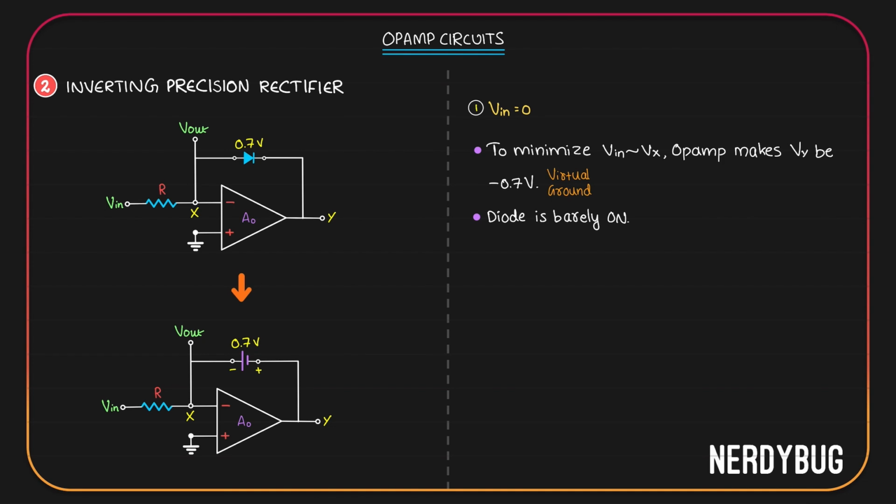Applying Kirchhoff's voltage law, we can see that V out will be Vy plus 0.7 volt. But since Vy is negative 0.7 volt, like we said, V out is 0. That means V out, which is equal to Vx, will be equal to the input, which is 0. And Vy at this point is negative 0.7 volt.